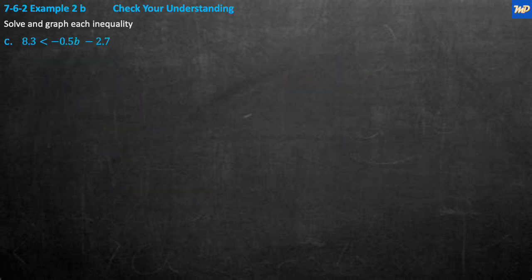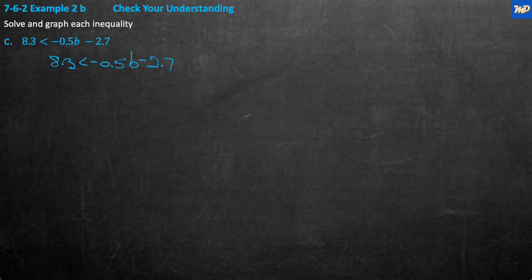Okay, let's look at the last in this series under Check Your Understanding: solve and graph each inequality. We have 8.3 is less than minus 0.5b minus 2.7. Let's move the b to the left side like we like to have it.